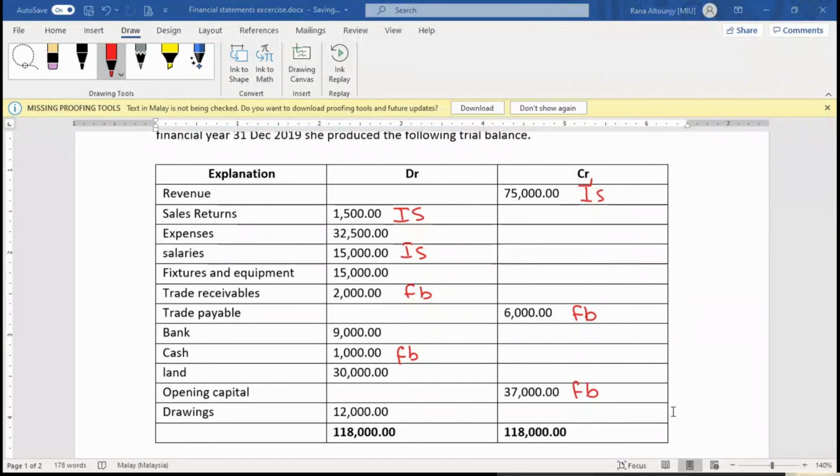Where do we put the expenses, the financial position or the income statement? Income statement. Good.